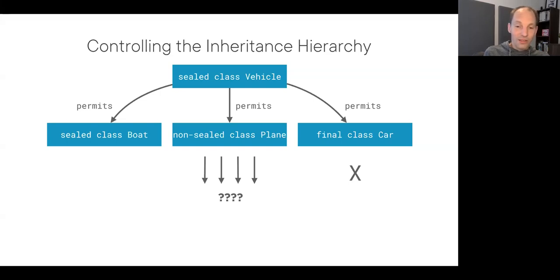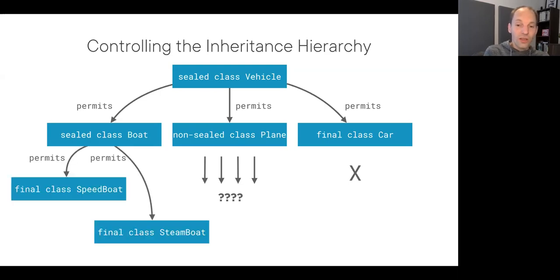And then there's the third option of also declaring your subclass of vehicle to be sealed again. And in that case, that sealed class boat still needs to indicate what permitted subclasses there are. So for example, here we would have two, speedboats and steamboats, and these would either be in the permits list, or they would have to be classes defined in the same source file as we saw previously.